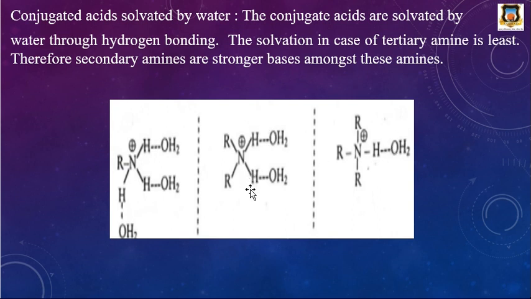In secondary amine there are two hydrogen atoms which undergo solvation by water molecules, and in primary amine three hydrogen atoms. But secondary amines are the strongest bases because they have two hydrogens for solvation, as well as two alkyl groups. In primary amine only one alkyl group. Therefore, secondary amines are stronger bases than tertiary amines, and tertiary amines are stronger bases than primary amines.